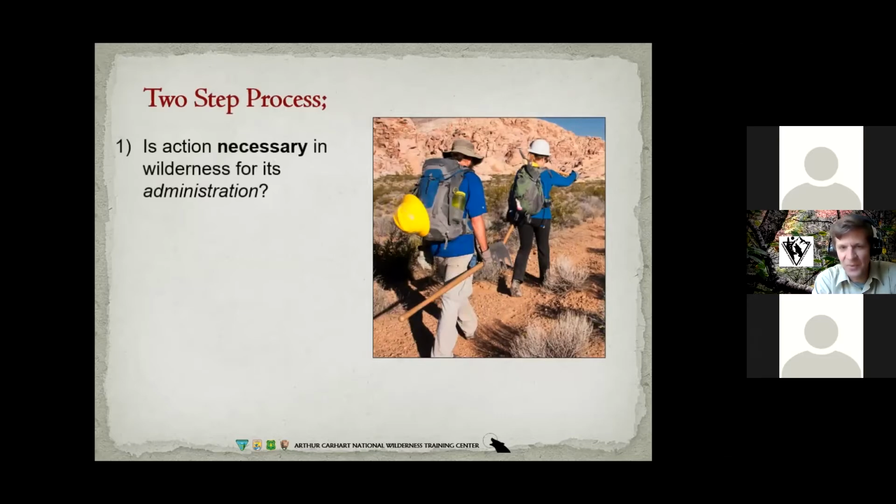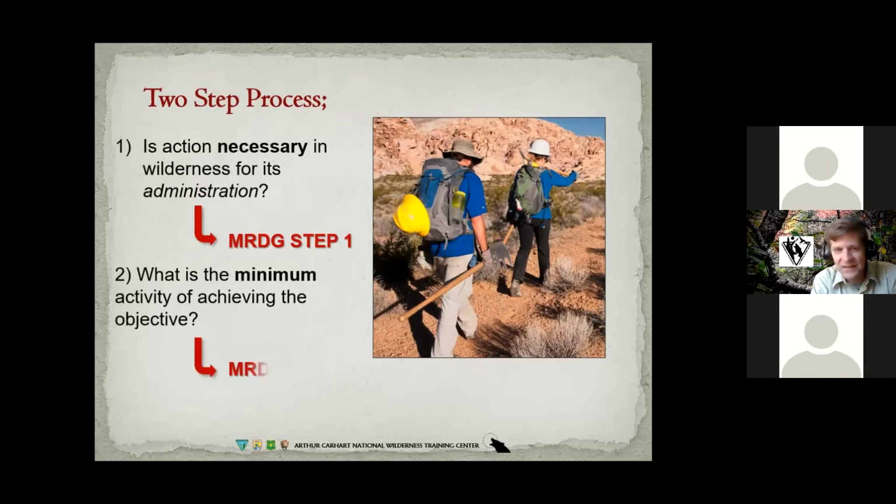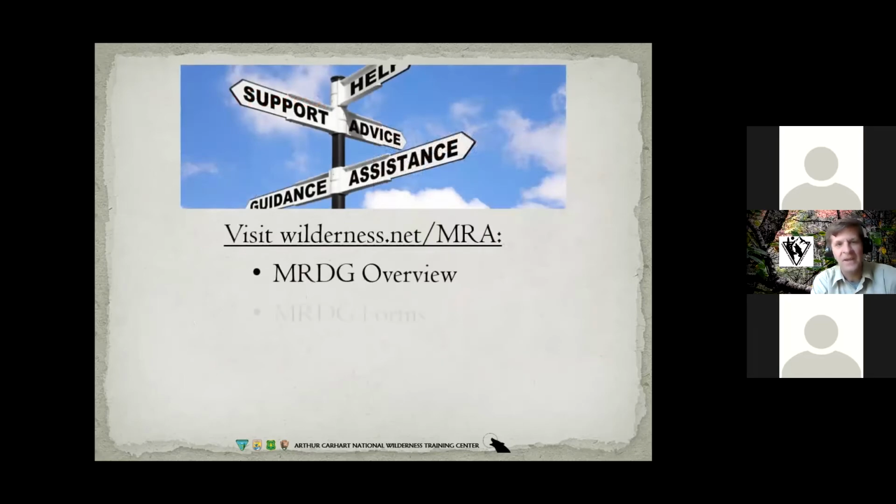Again, it's a two-step process. Imagine that. Step one is the action necessary in wilderness. That should look familiar. Hopefully everybody's seen that. And then step two, again, what is the minimum to achieve that objective or that action? Super. Thanks. Next slide.